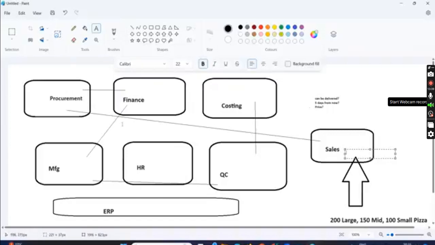Whenever it reduces below a certain limit, the finance department directly gets to know and approves right away. Procurement doesn't have to go to finance, because finance knows directly that the stock level has decreased. So this type of integration takes place whenever you have an ERP solution in place.